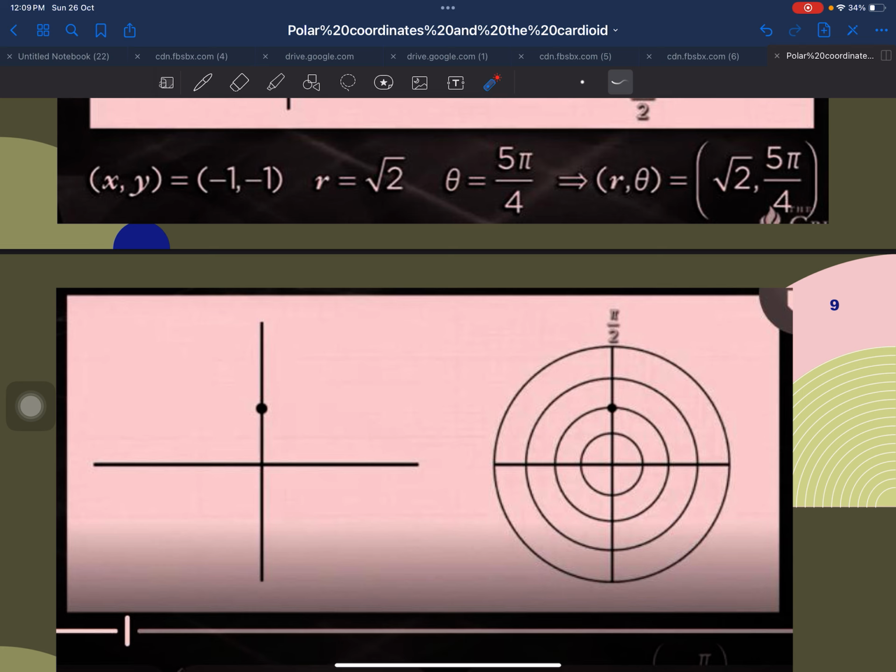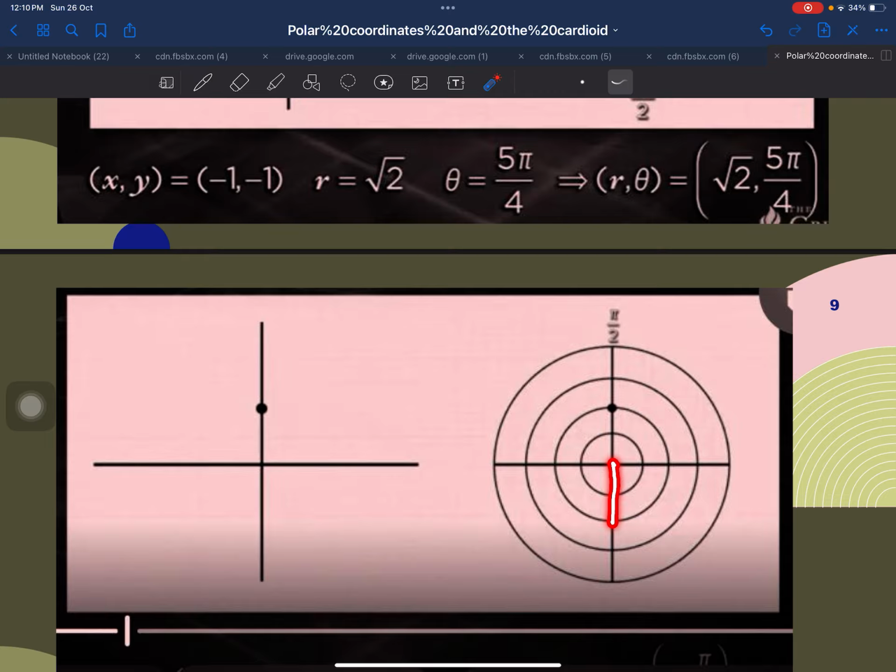So it's 2 units away from the origin, and the angle was pi over 2. So r is equal to 2 and theta is equal to pi over 2. Okay, so I could describe that point a different way. I could describe it as go down to the angle minus pi over 2. Okay, so go down.